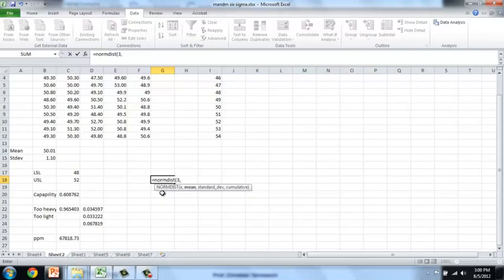So I'm looking at the normal distribution, mean 0, standard deviation of 1, which gives a value of 99.865%. So 1 minus that probability tells me the probability of the part being too large. This is also the probability of the part being too small.